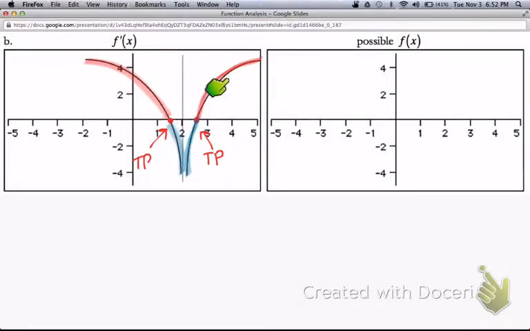Now, what I want you guys to notice about this vertical tangent line here is I want you to notice something about the slopes. The slopes here are positive, and they're getting less and less and less positive, so notice how they're going down, okay? All of a sudden we get to a turning point, and then our slopes become negative. So our original function is increasing, right? Increasing, increasing, increasing, but getting less and less and less steep.